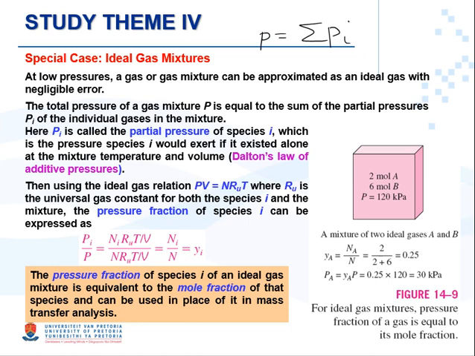So the total pressure is basically the sum of the pressure of each species in that environment.